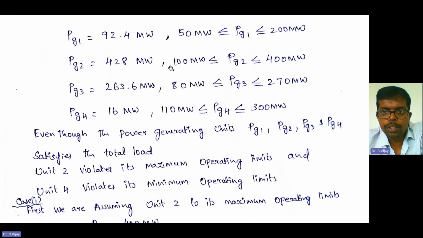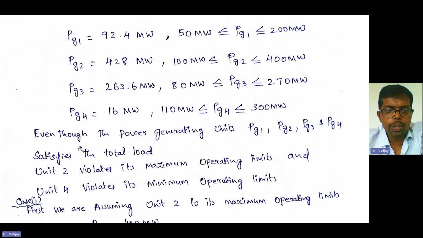But PG2 violates its maximum operating limit, or upper operating limit. PG3 is also within the limits, 80 megawatt and 270 megawatt. Next, PG4 is violating the minimum operating limit because it is 16 megawatt.